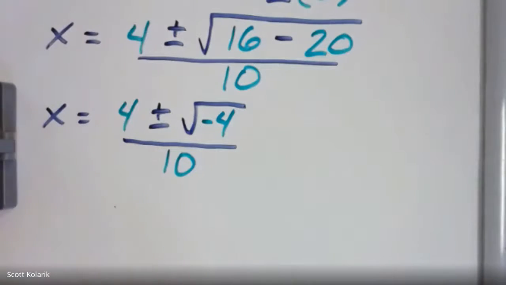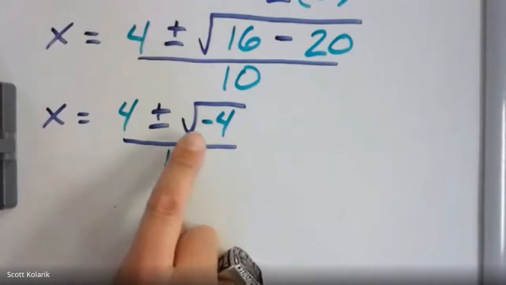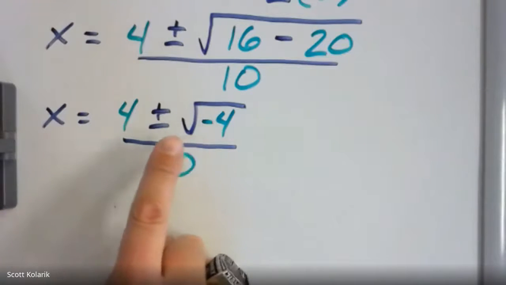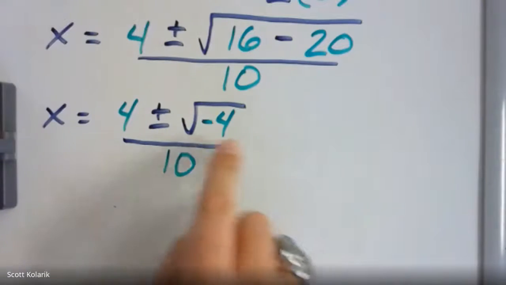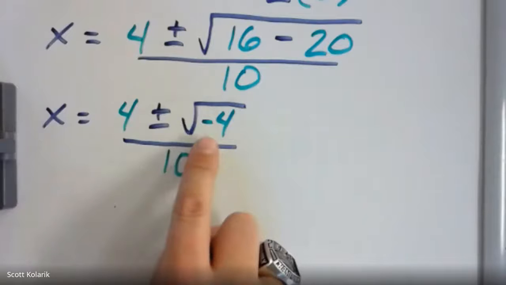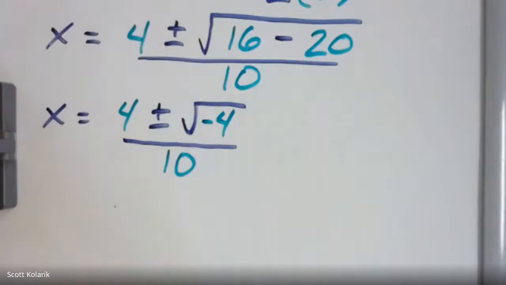But in this section, we were tasked with finding the complex solutions, the imaginary solutions. So there's actually a simple thing to do here, and I'm going to show that in a second. But just to recall what we did in section 5, at this point in the past, we would have had no real solutions, because if I were to attempt to do this in a calculator, square root of a negative number, it would give me an error message. But now we're going to quickly deal with what to do here.